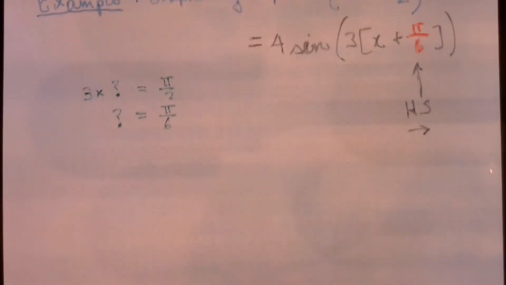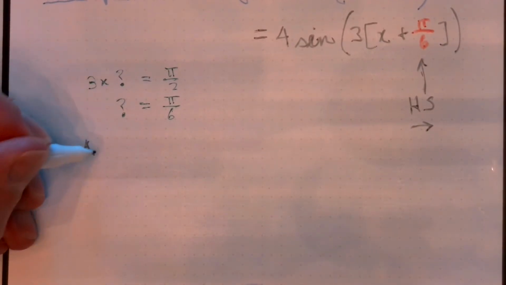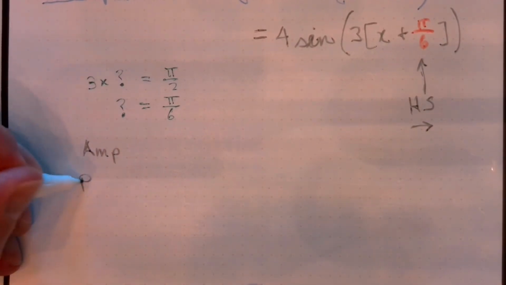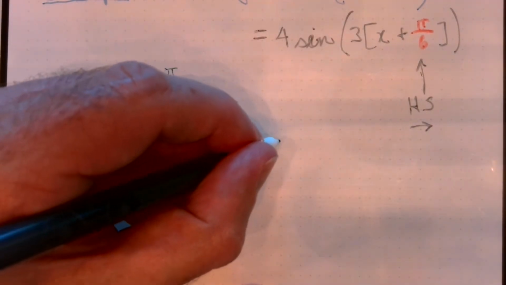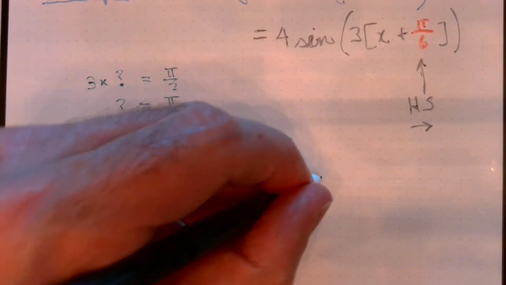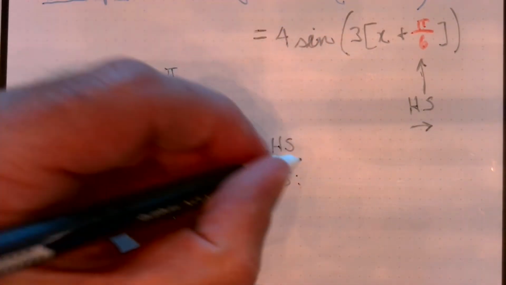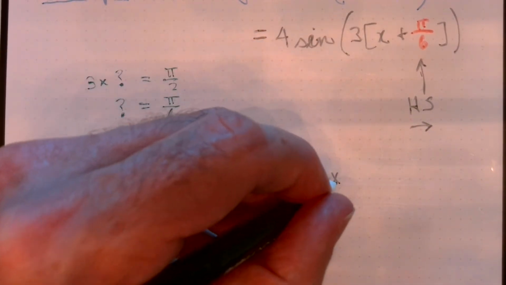All right, so let's make our little summary of all the information. So amplitude, period, horizontal shift, vertical shift. Okay, so looking at this formula, there's nothing added outside, so there is no vertical shift.